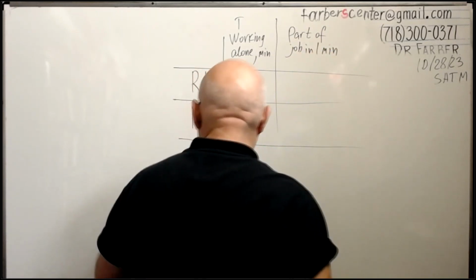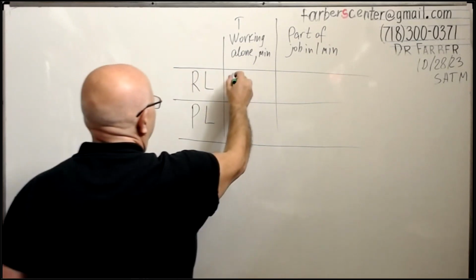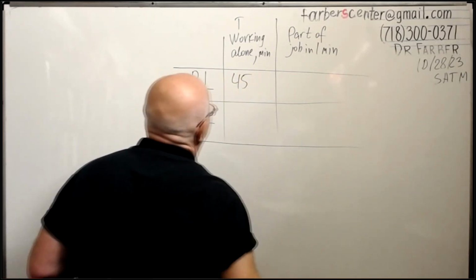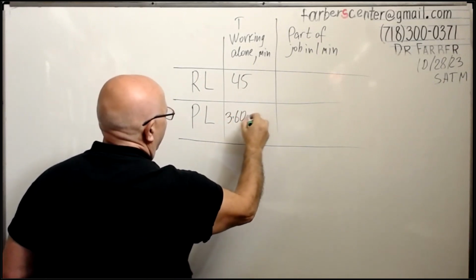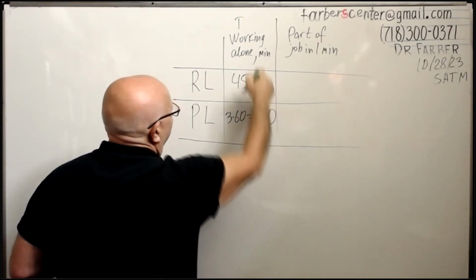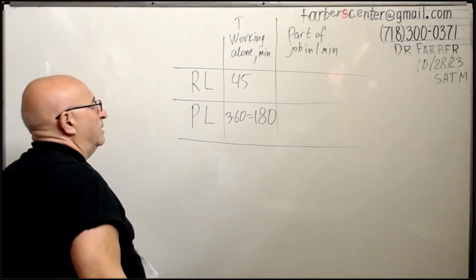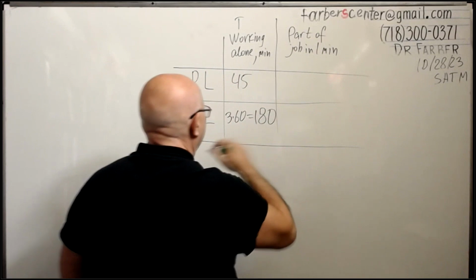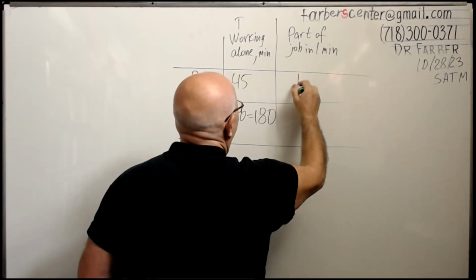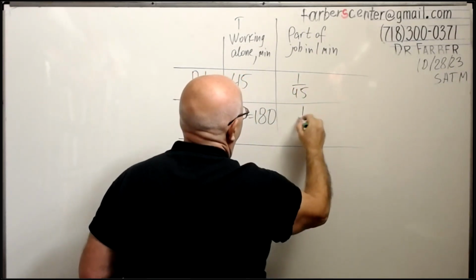Now, what do we have? 45 minutes, and this 3 hours, 3 times 60, which is 180 minutes. You have to have the same unit of measurement, 180 minutes. Part of the job in 1 minute, the reciprocal, is 1 over 45 and 1 over 180.